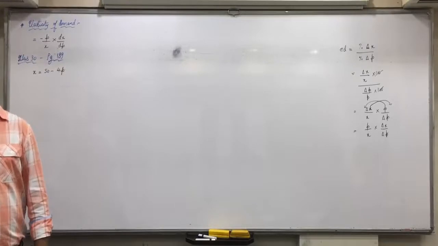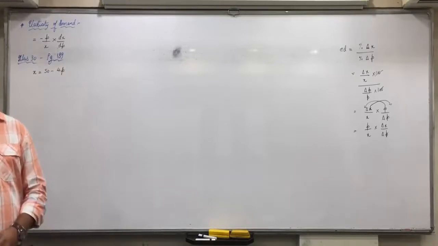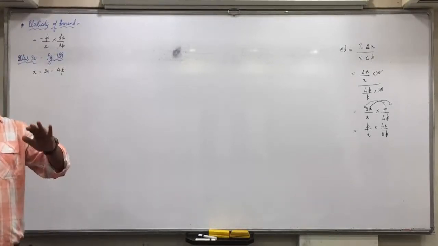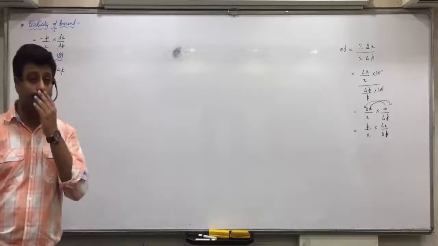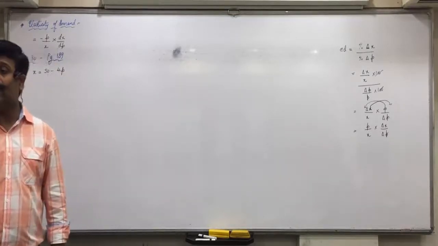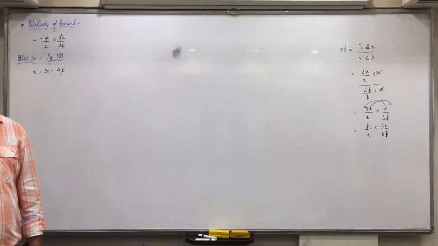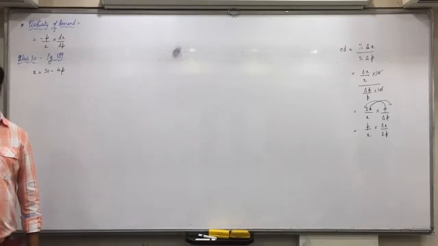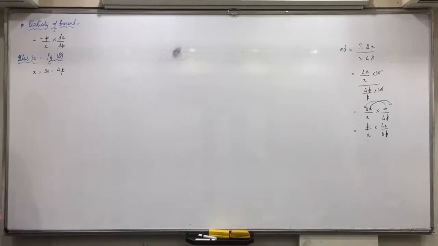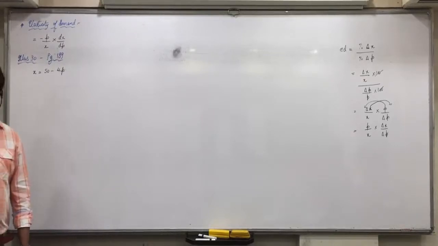So on the right side we always require p, which is already there. Suppose it was asked, find elasticity of demand when demand is 20 units. Then what is 20? x, not p. Finally when we find elasticity of demand, we will have to substitute x equals 20.